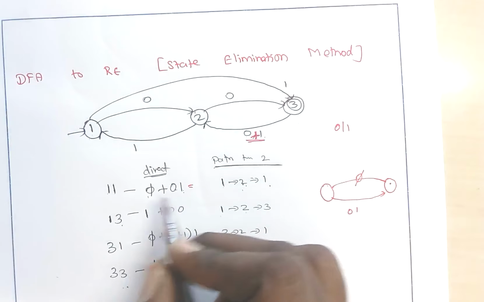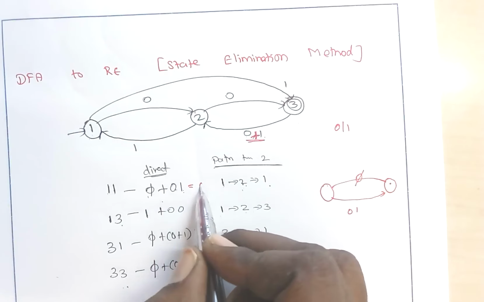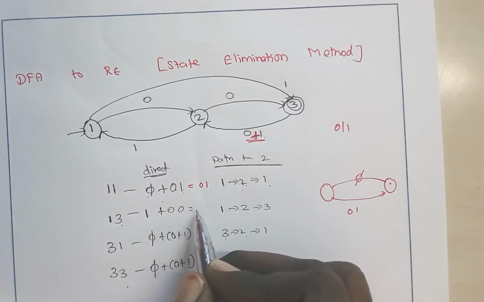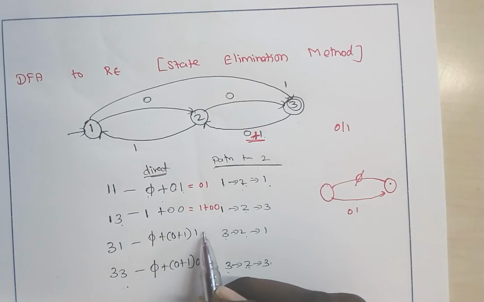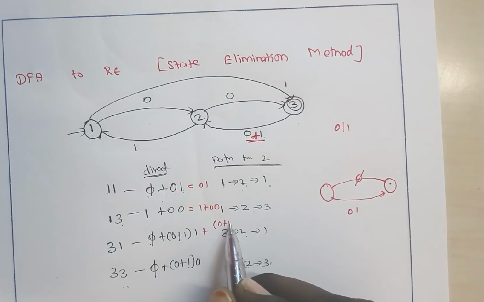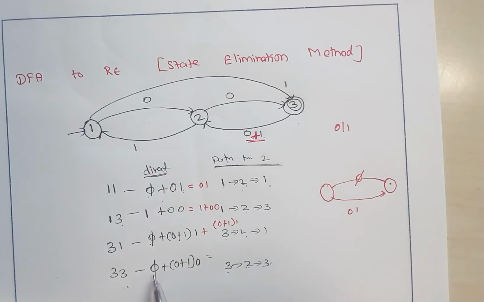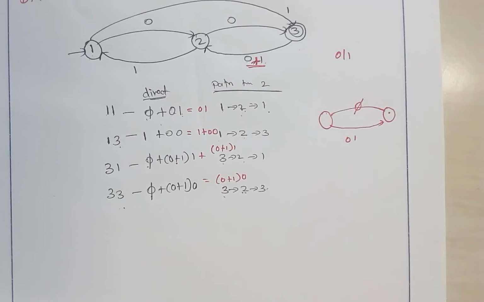So when it is a null parallel with some input, we take that input alone. Here it remains as it is. It is two different inputs with different parallel paths. And again null concatenated with some input, we take this 0 plus 1 into 1, and again null path combined with some input, so it comes as 0 plus 1 into 0. Okay, so we can redefine the given transition diagram.